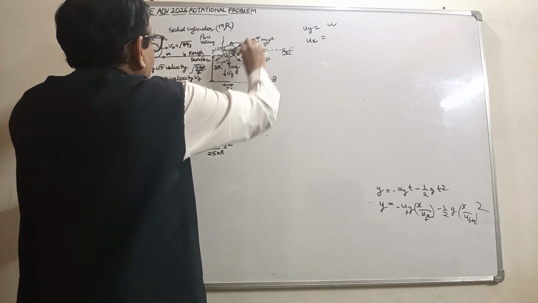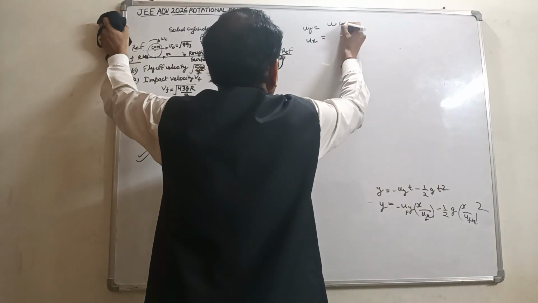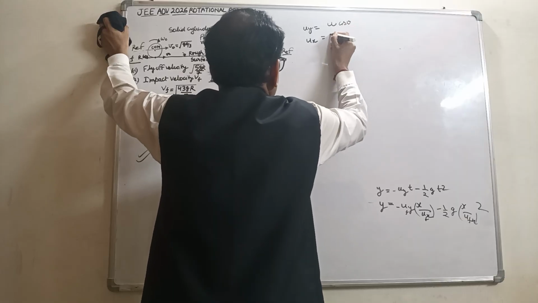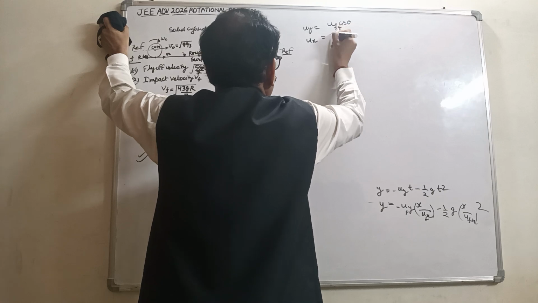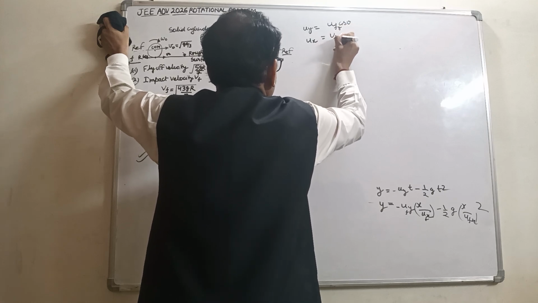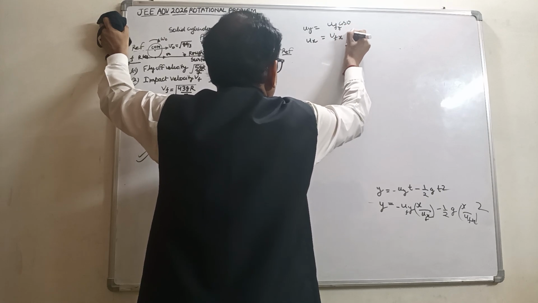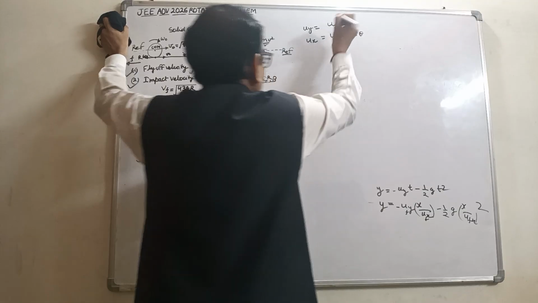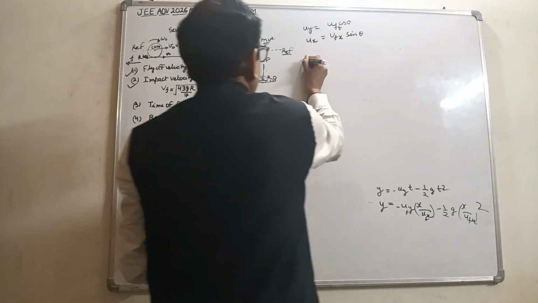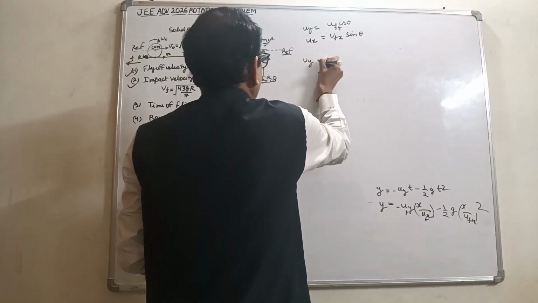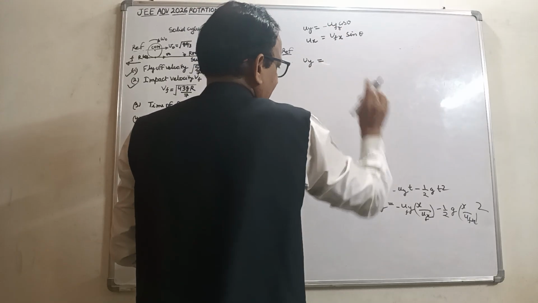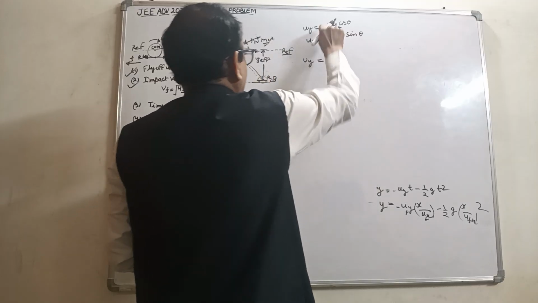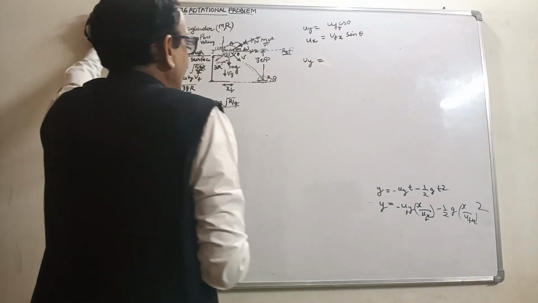The velocity in the x direction is u cos theta, and in the y direction it is u sin theta. Here uy would be negative, so the negative sign is also placed here. Ufy.